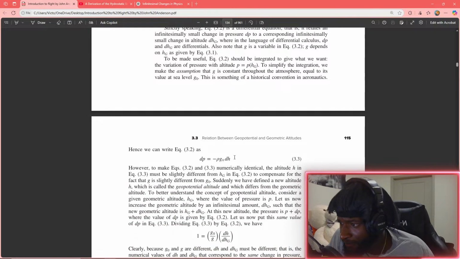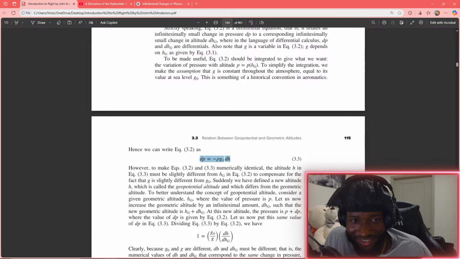Hold on. Yeah, h is our geopotential altitude, which is defined by this. That's what I'm having a hard time understanding.